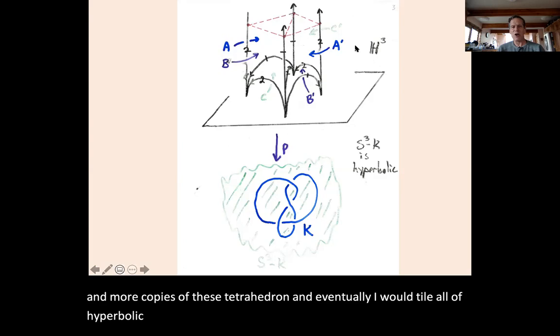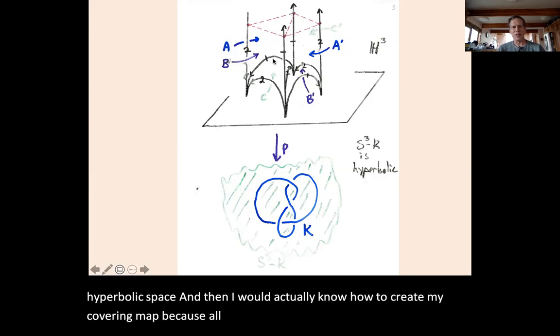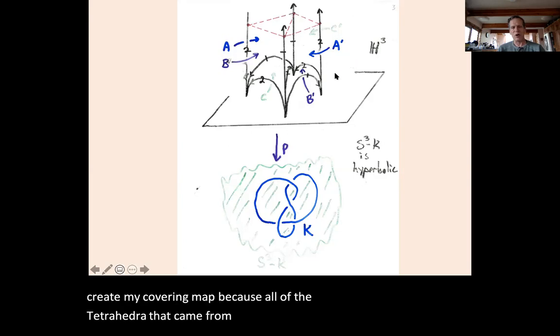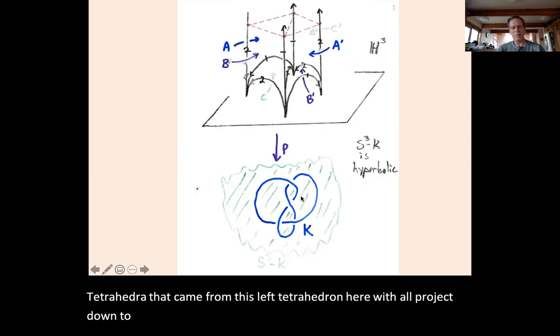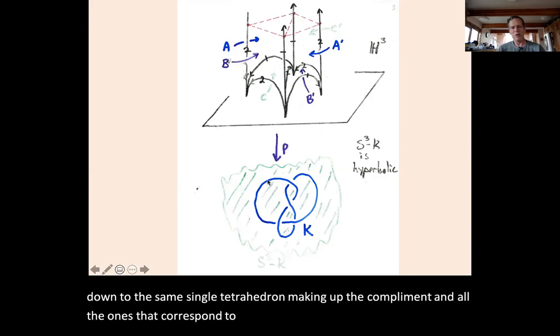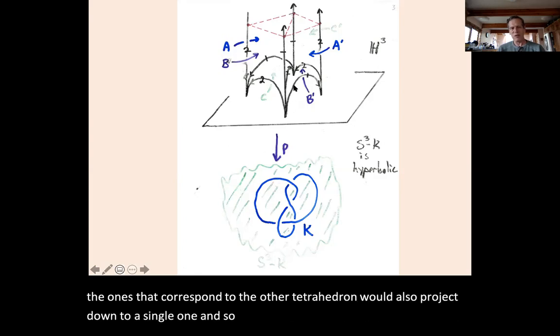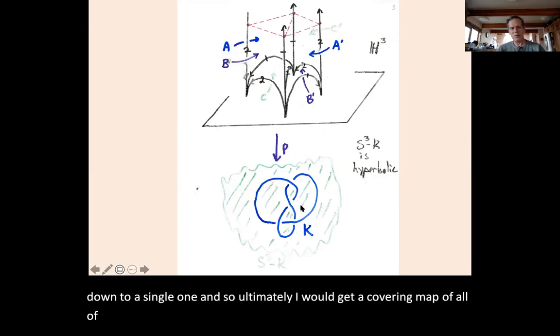Then I would know how to create my covering map, because all of the tetrahedra that came from this left tetrahedron would project down to the same single tetrahedron making up the complement, and all the ones that corresponded to the other tetrahedron would also project down to a single one, and so ultimately I would get a covering map of all of hyperbolic space down to the knot complement.